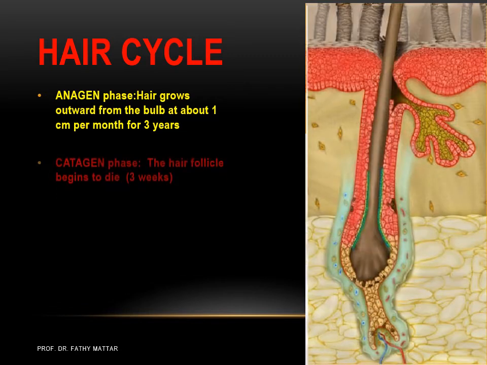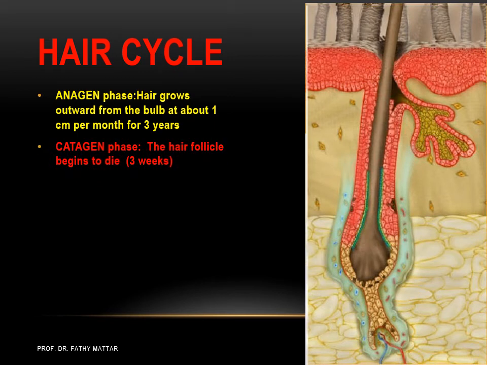Then a catagen phase follows, in which the hair follicle begins to die. The cells of the hair follicle of the lower part begin to die by apoptosis. This lasts for 3 weeks.